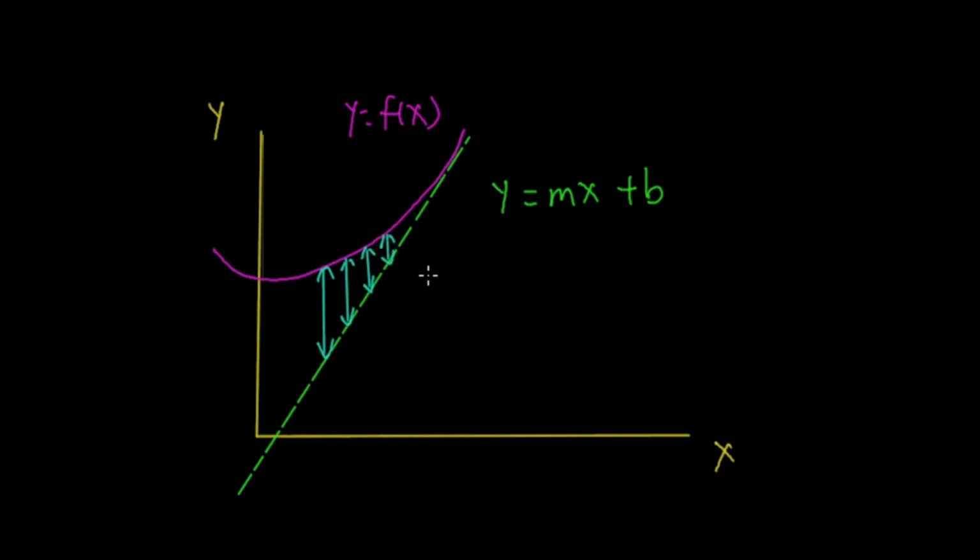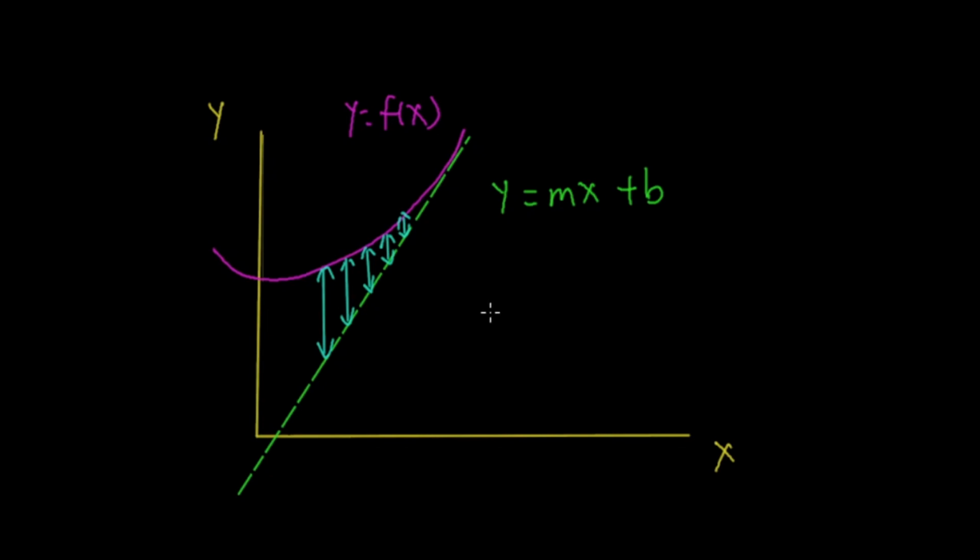So the oblique asymptote is getting closer and closer to the function f at x, right? As you can see, right here, as it goes to the positive x direction, the vertical distance between the function f at x and the oblique asymptote is getting smaller and smaller.